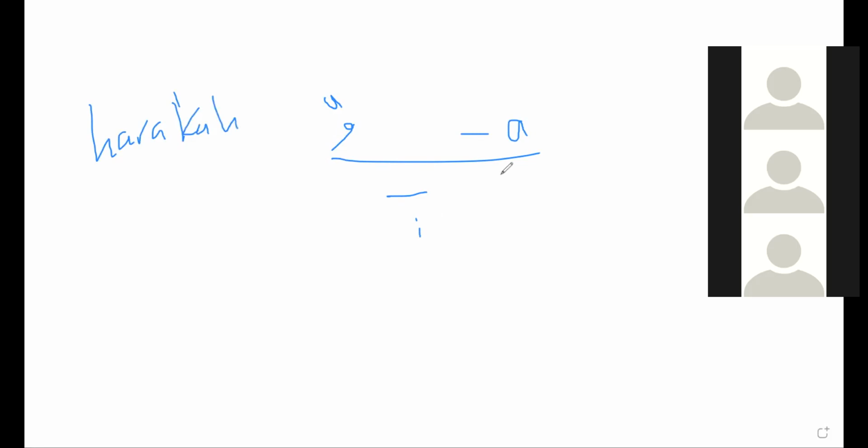All right. Fataha is the first one. So, Fataha, which is A, Kasra, which is E, and Dhamma, which is what? O. So these are called what? Haraka.